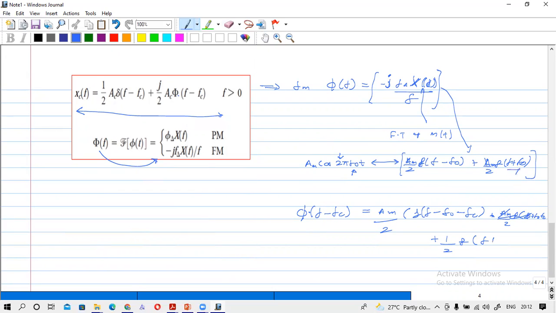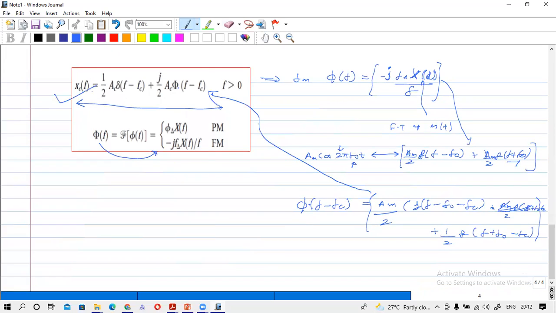So here we have f plus f0 minus fc. You can find this, and you have to substitute it here. Then you can find the frequency spectrum. So this is one method.